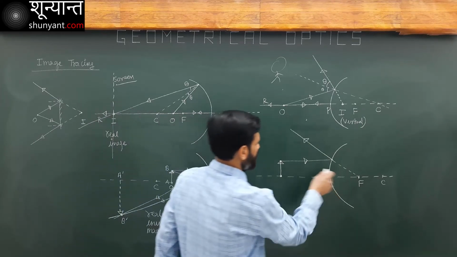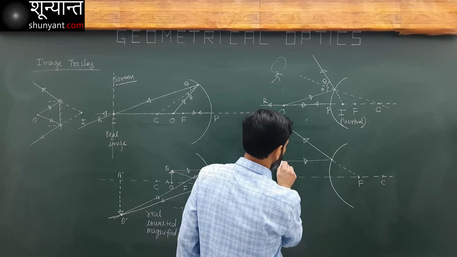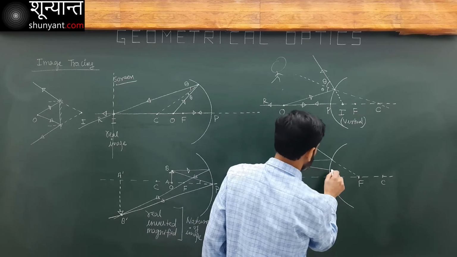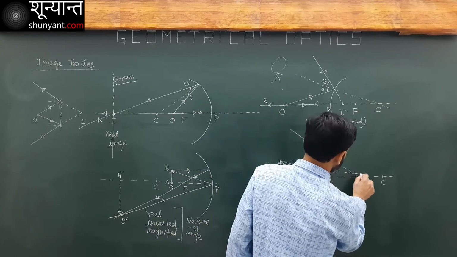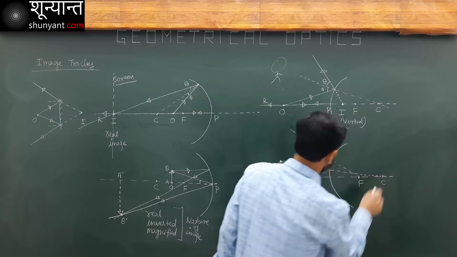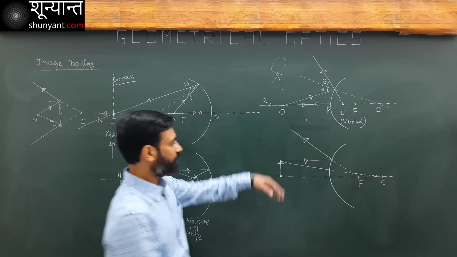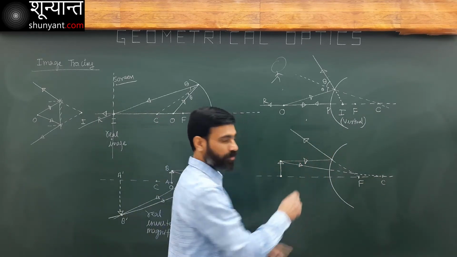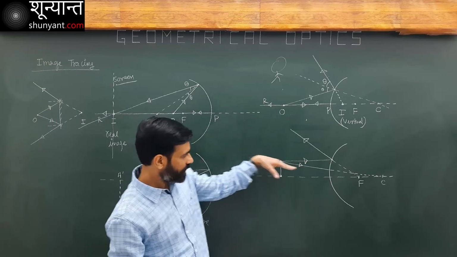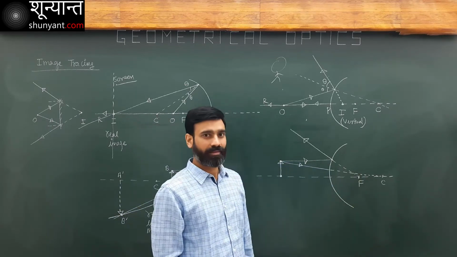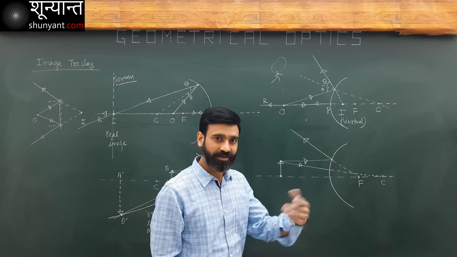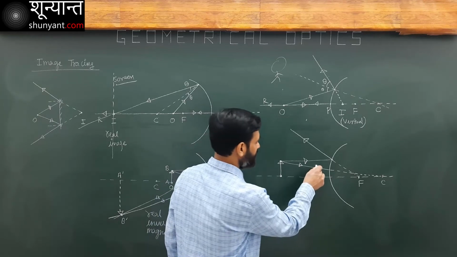I can take this light here. You see, a light ray going towards the center. It will not reach center, but it is going towards it. It will retrace like this.